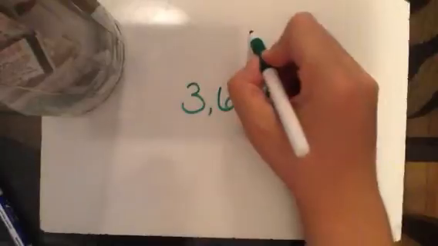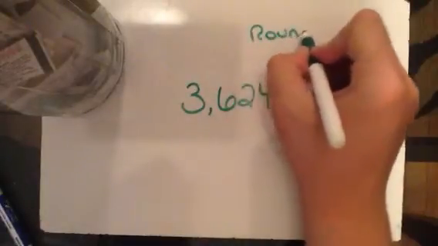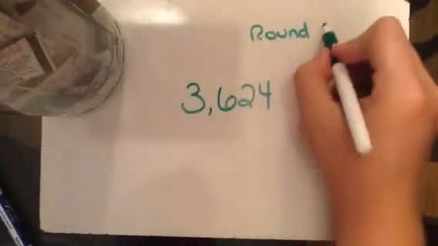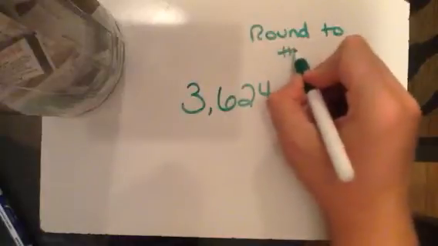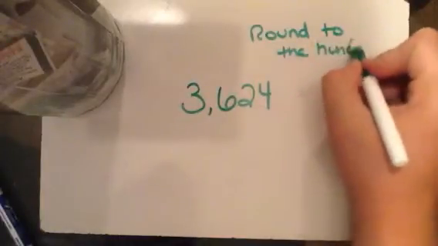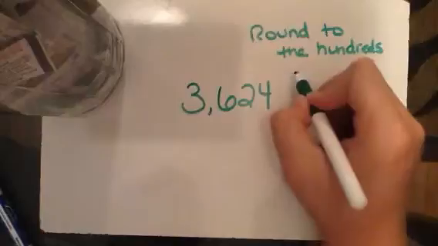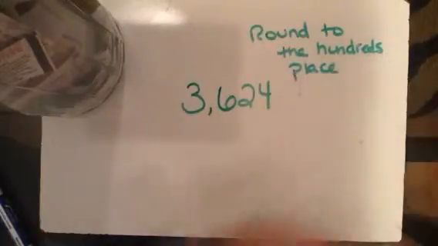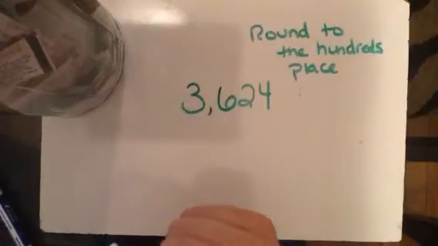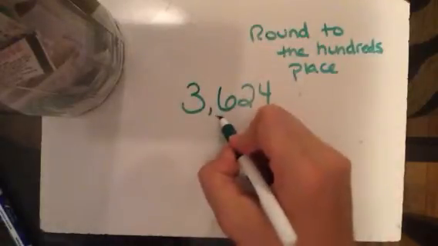So if I want to round to the hundreds place, I'm going to follow my poem. Once again, circle your number, which is the hundreds.